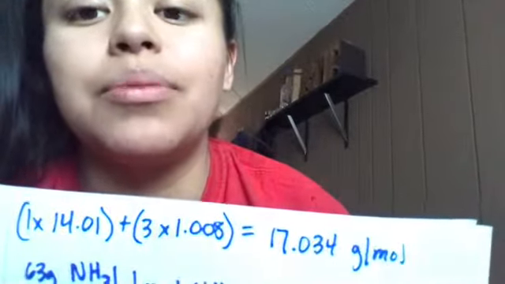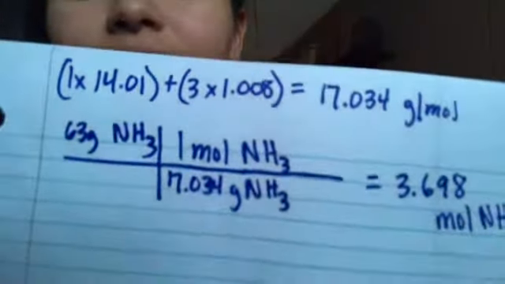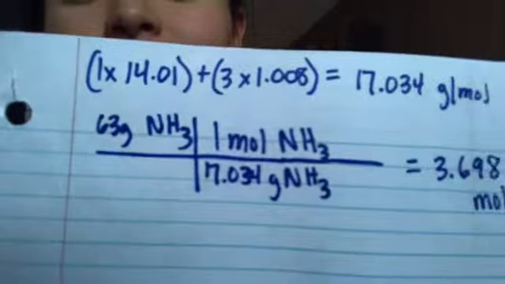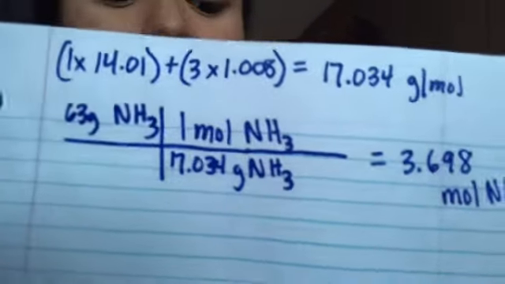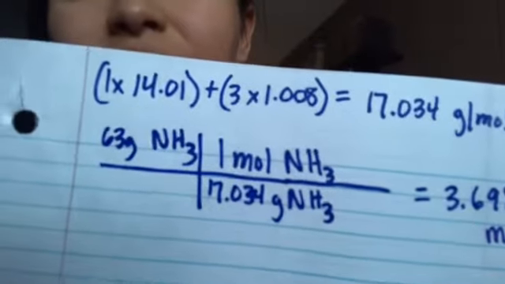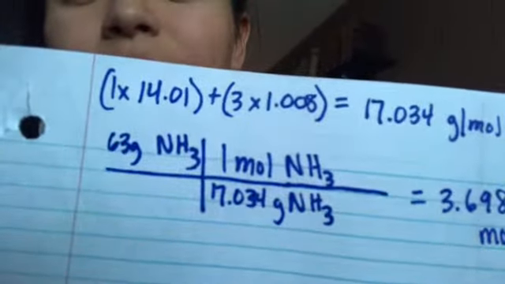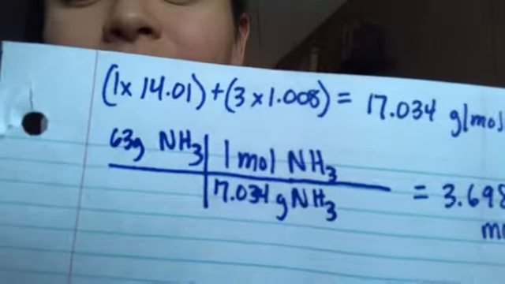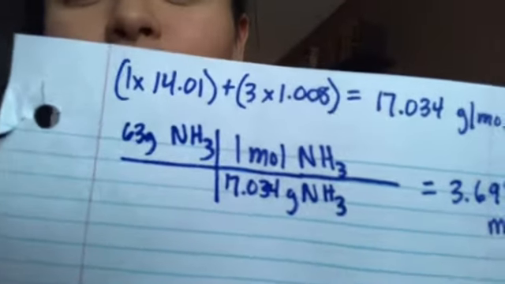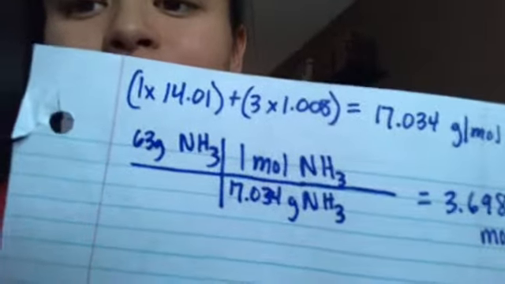17.034 grams per mole. Now we just need to find the moles. So we put what was previously asked in the question, 63 grams of NH3 is equal to 1 mole of NH3.